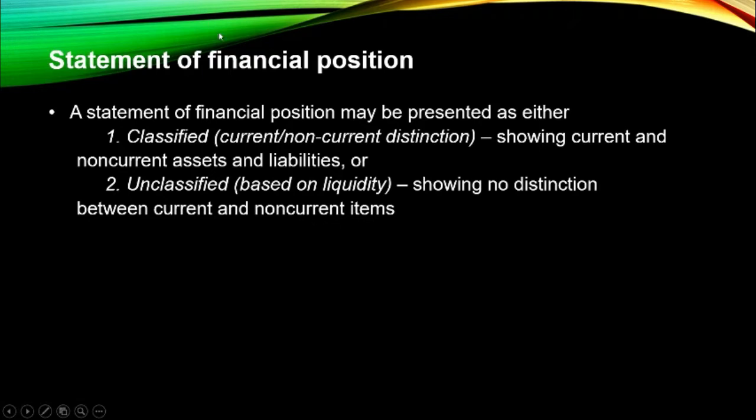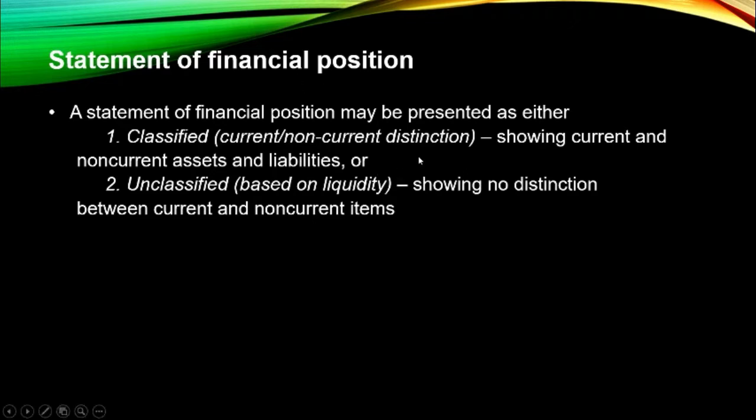Now, the statement of financial position may be presented in two ways. We have classified and we have unclassified. When said to be classified, you have to show the current and the non-current assets and liabilities, or if it is unclassified, showing no distinction between current and non-current items. So I think you have learned this in your Intermediate Part 1 and Part 2.